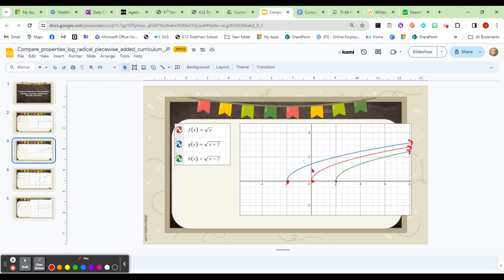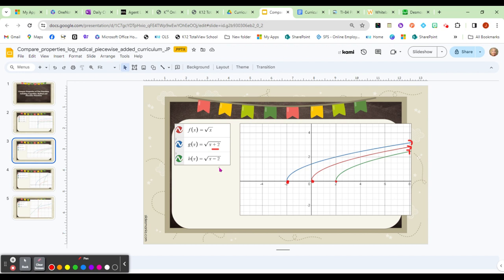If we compare the blue graph and the red graph, we can say that the blue graph is shifted to the left 2 units from the red graph. We can say that the red graph is shifted to the right 2 units from the blue graph. If we look at the red equation versus the blue equation, we have this plus 2 going on inside.